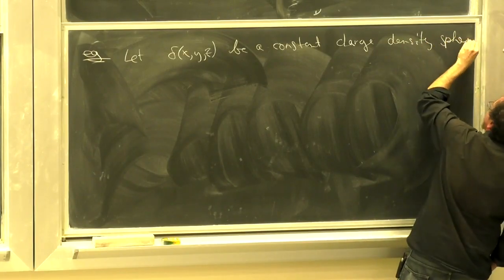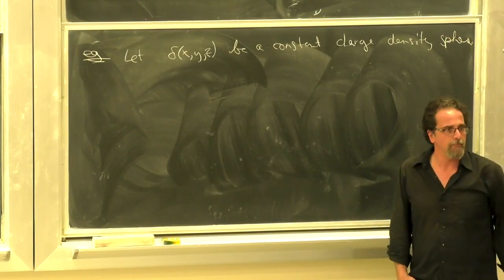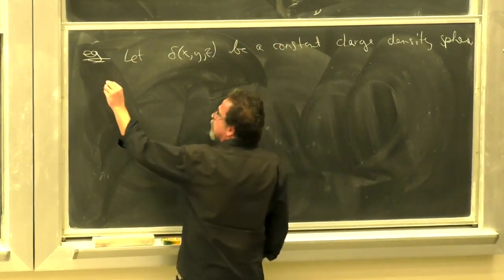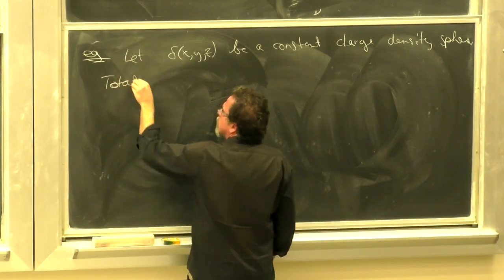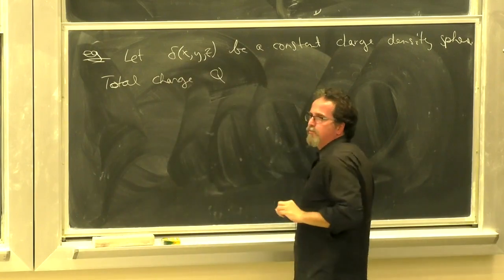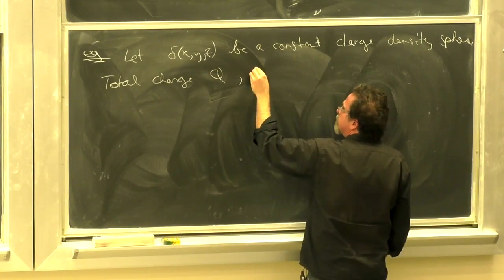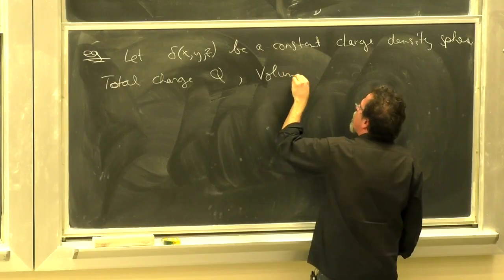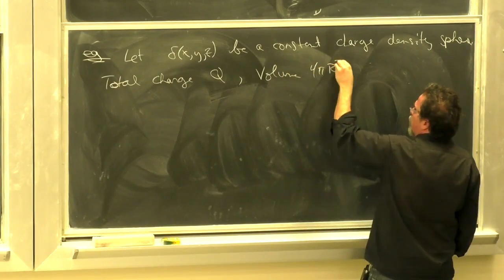Total charge Q, that's usually used for charge. Volume 4 pi r cubed over 3. It's a sphere.